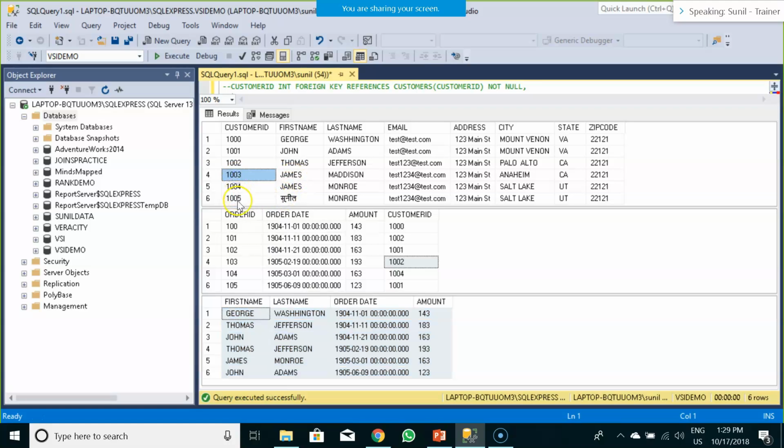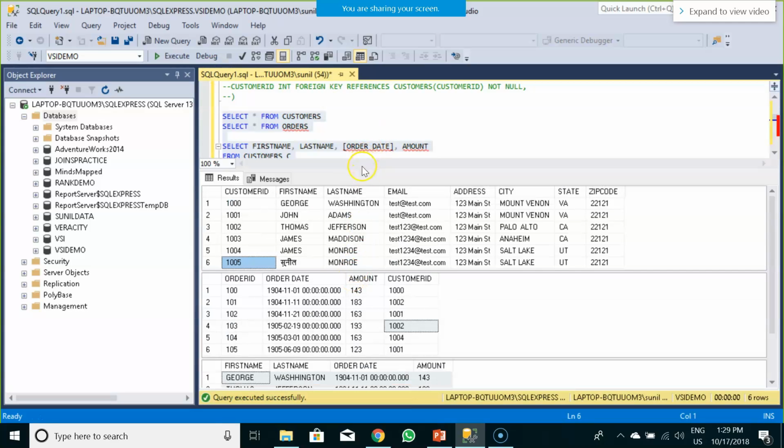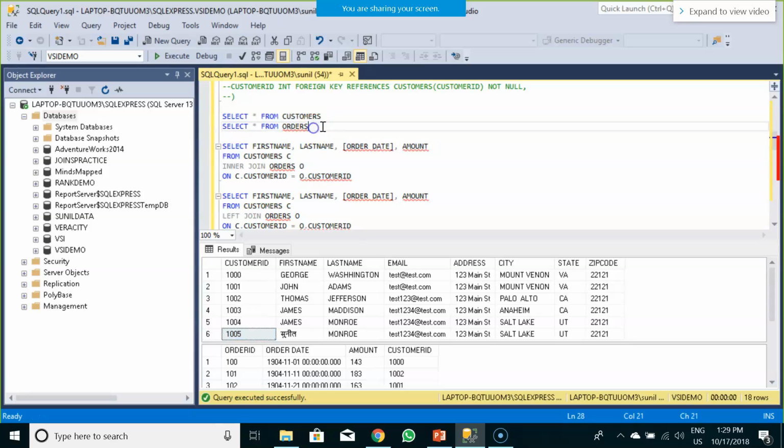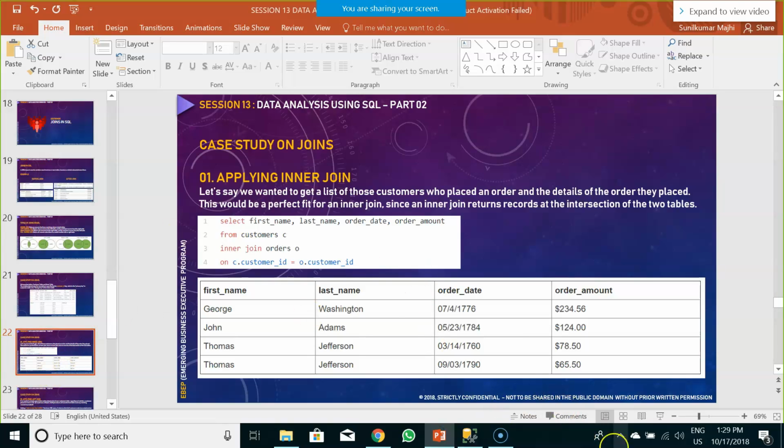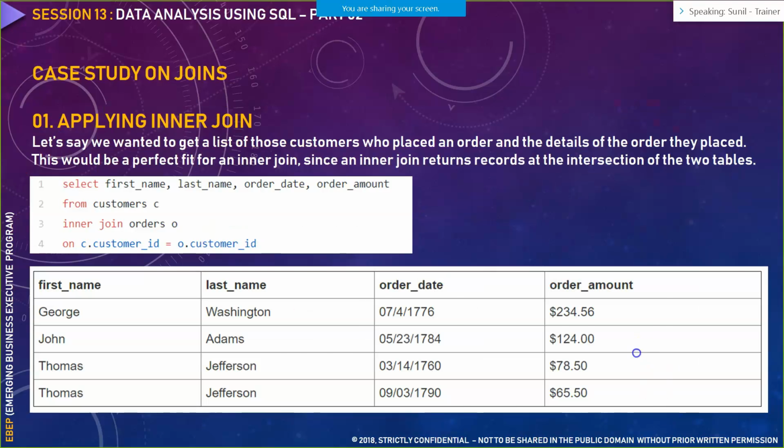So for records 1003 and 1005, since they did not have any order, there is no match, so we didn't get any results over there. Okay, so that was something about inner join.